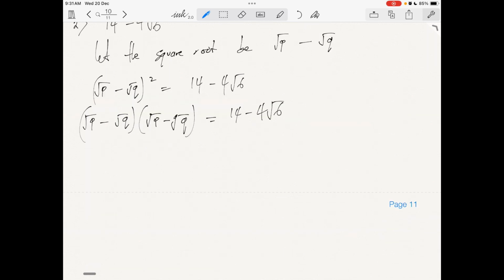With this, when we open up the bracket, which I believe everyone is capable of doing now, let us do it together. Root p into root p minus root q, minus root q into root p minus root q, equals 14 minus 4 root 6.